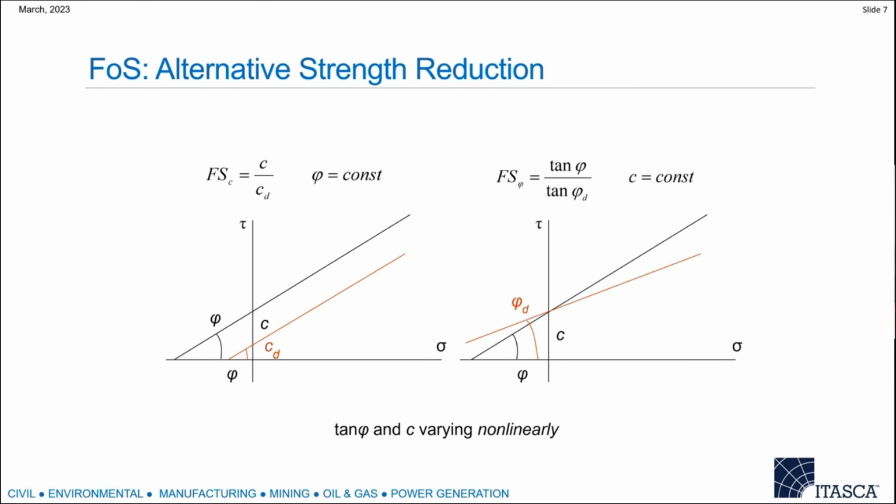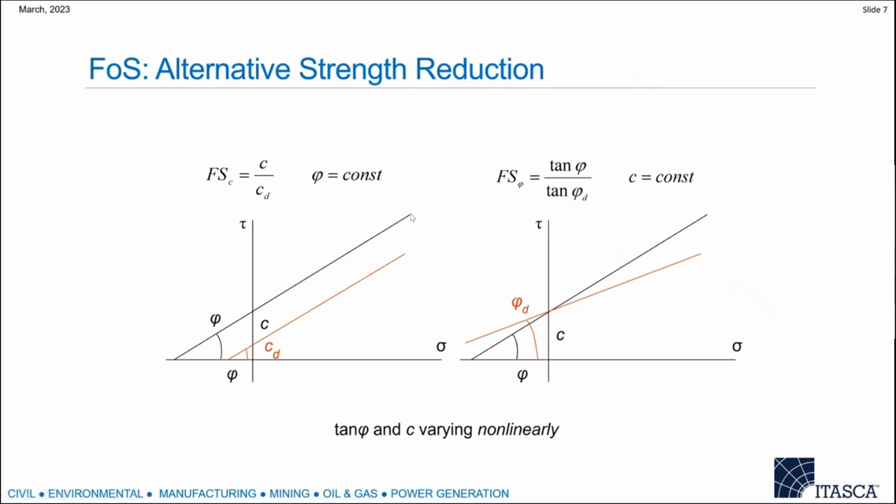Alternatively, we have another method called the strength reduction method. For example, we assume that the material follows the Mohr-Coulomb law. So this line is a shear failure line. We can define the factor of safety as some ratio between the cohesion.